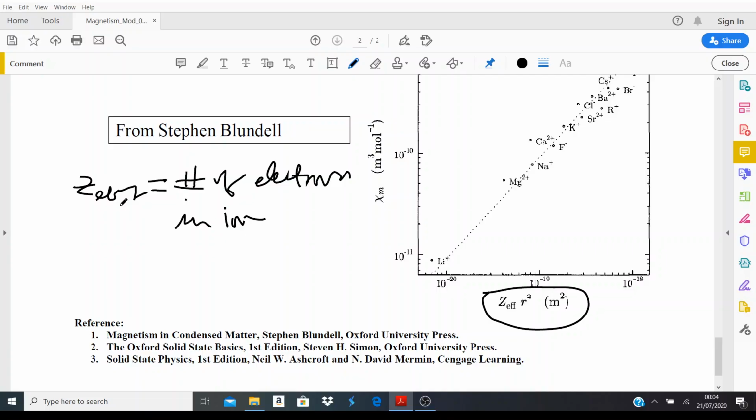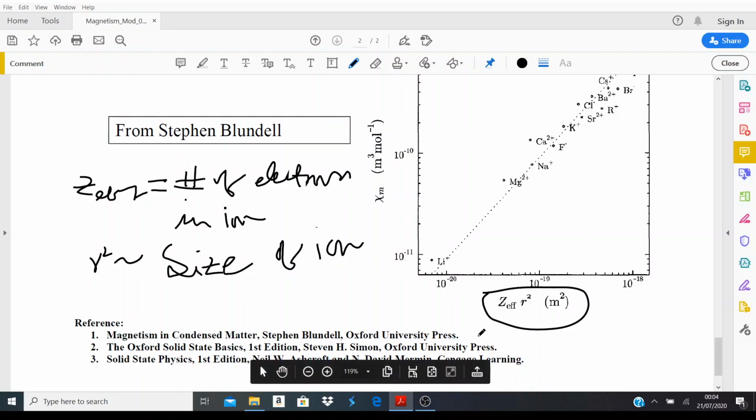We will see why it's called an effective number. That's an effective number of electrons in the ion you're considering. And R squared, you can see, is like a shape. So 4 pi R squared is like the surface area of that ion. So R squared is the radius squared. It's giving you some information about the size of your ion.